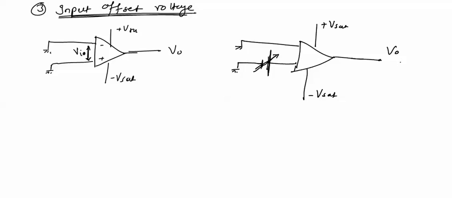We are not getting output equal to 0. Now this voltage will be varied up to when output voltage becomes 0 volt. Now when output voltage becomes 0 volt, this applied battery voltage nullifies the difference in the input voltages, so this voltage is nothing but the input offset voltage, VIO.